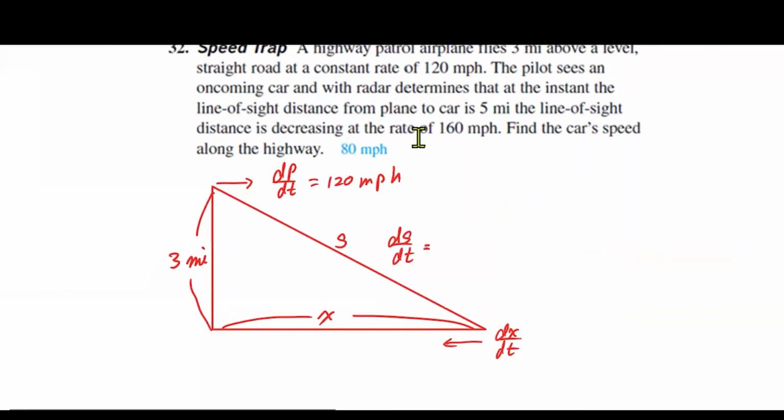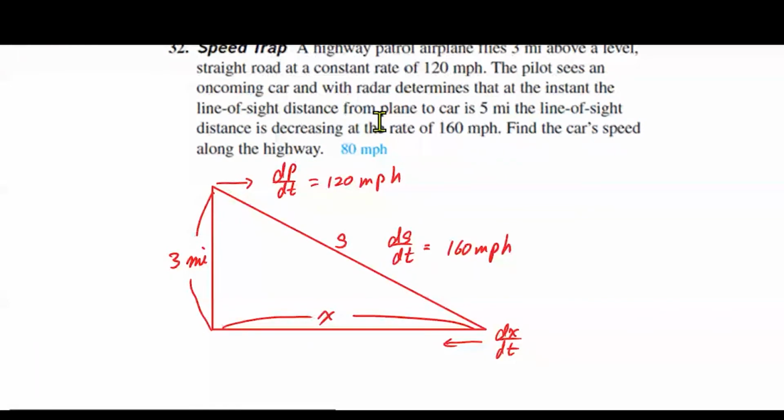I think that's what this is, 160. You follow? Wait, no. Decreasing. What are they saying?